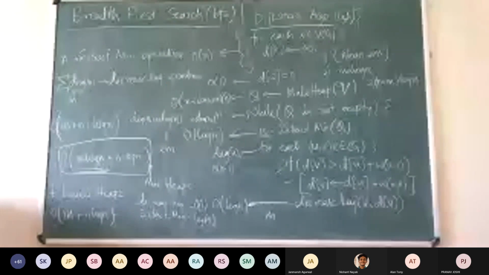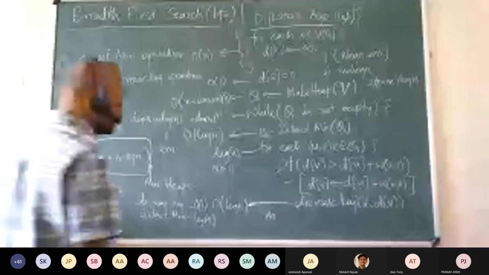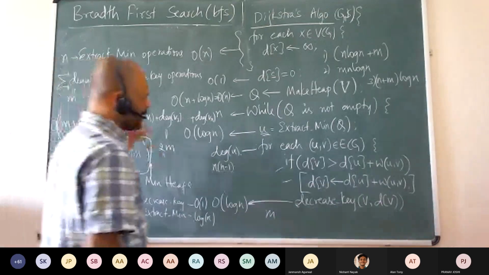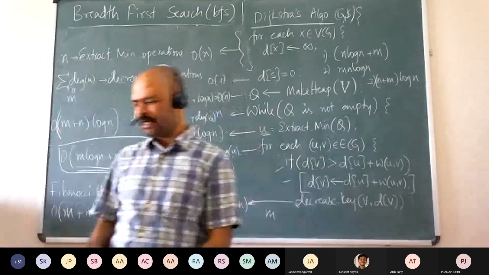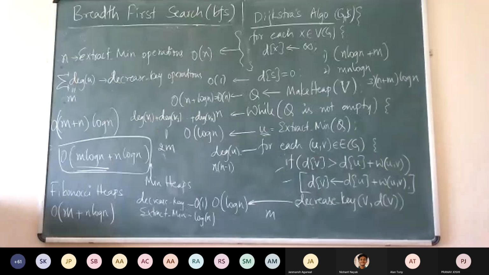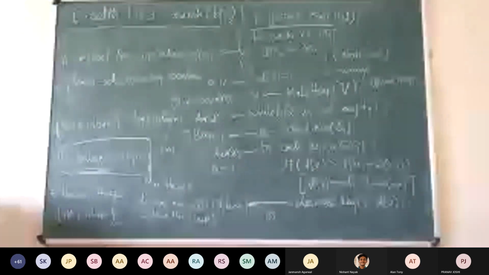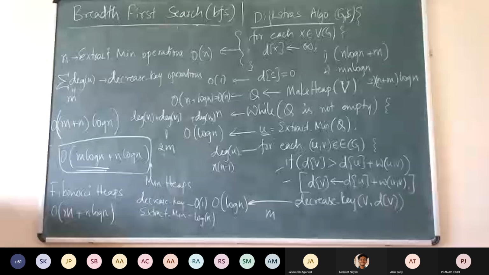Till midsem I would still go at the same pace, but after that maybe we will shift, because till you are comfortable with getting the statements and proving them, we can spend a lot of time. After that we will adjust time accordingly. If I can't do too many problems, I will take some problems for a tutorial and we will discuss there.